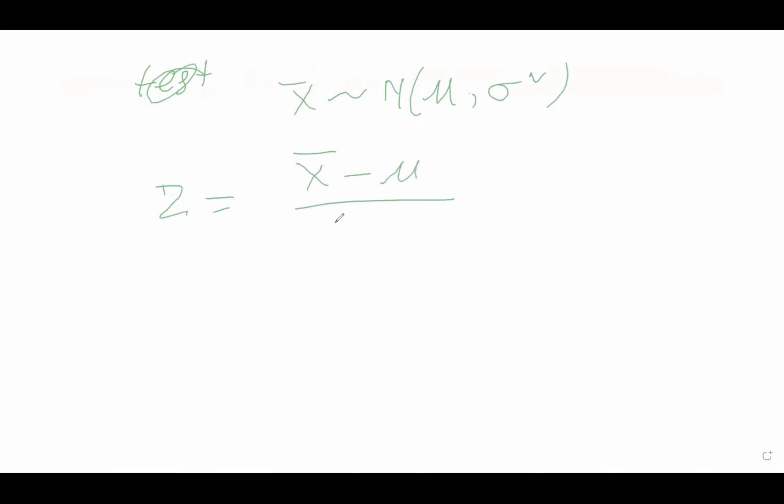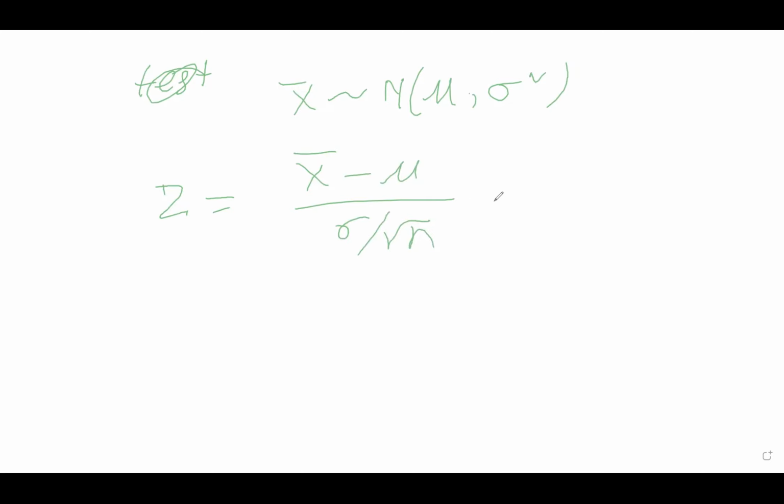Okay, our test statistic. How do we standardize X bar? If X bar is normally distributed with mean mu and variance sigma square, then we standardize X bar as Z equals X bar minus mu over sigma over the square root of n. That's how we standardize X bar.